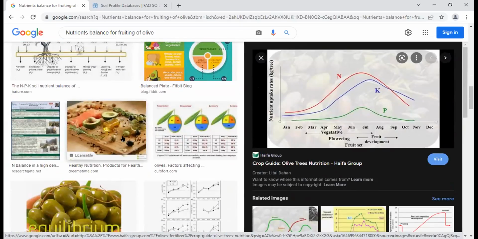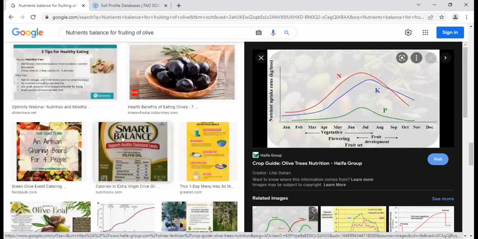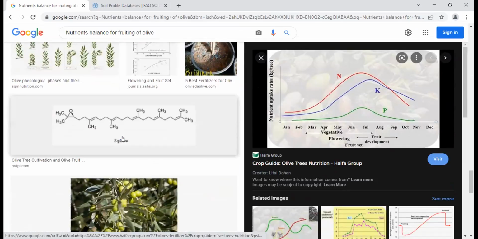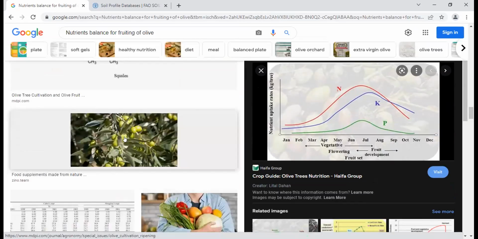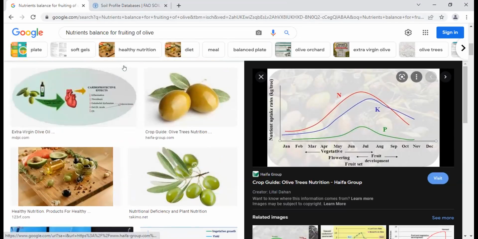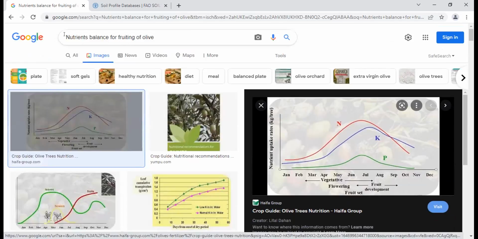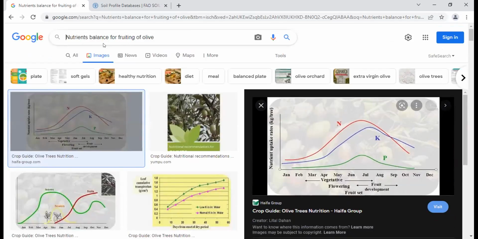Or they can apply iron chelates in the soil to fight the calcium carbonate, which blocks the movement of potassium and nitrogen to the leaves and causes chlorosis.